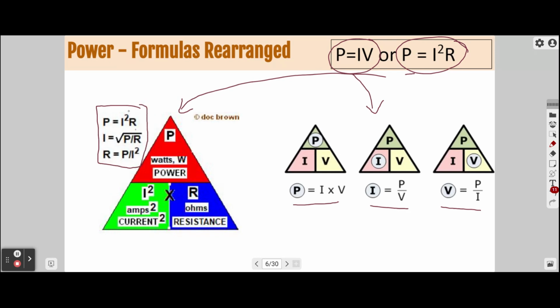Remember that since I, or current, is squared in this power formula, if you're going to try and find I, you're going to have to take the square root of the power over R. But for the majority of the questions you're going to be doing, you're going to be finding power.